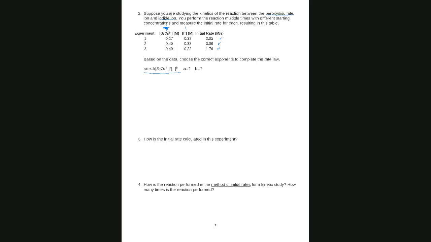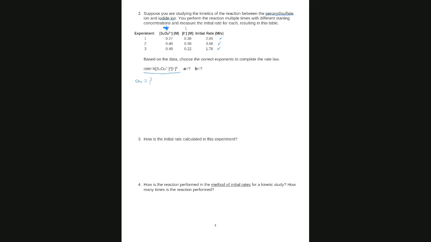And the problem asked me, okay, calculate A and B, which is similar to what we have to do in the lab. So if I'm looking for A, what do I need to do? A belongs to the peroxide disulfate.